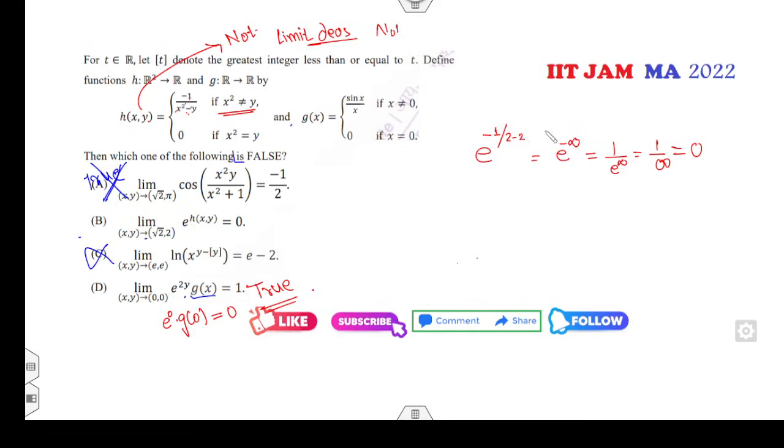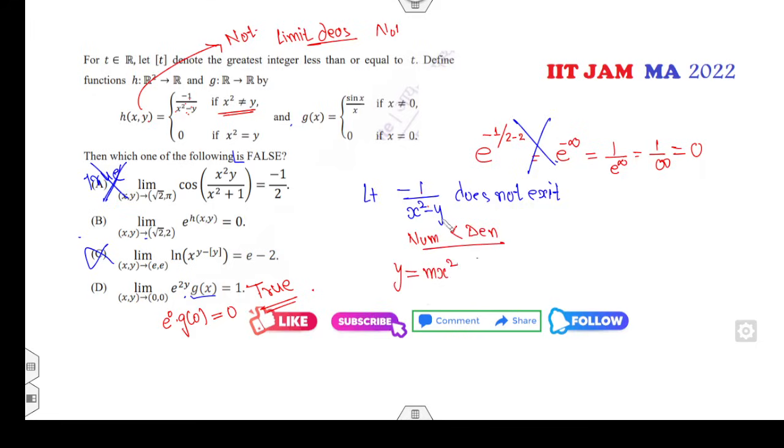That's true. You can never use this one. Why? Because you can see the function 1 over x square minus y. The limit of this function does not exist, because the degree of the numerator is less than the degree of the denominator. Or you can choose the path y is equal to m square, then clearly this limit does not exist.